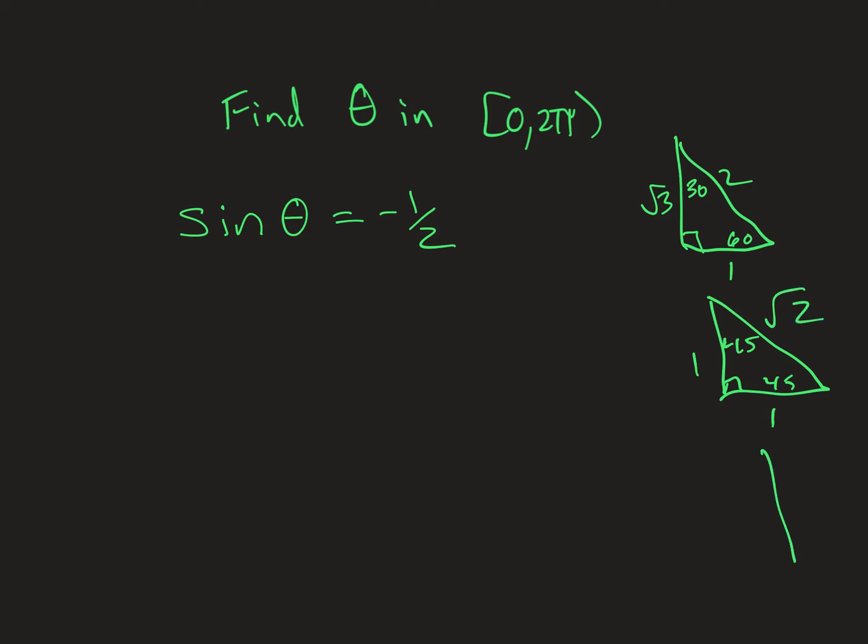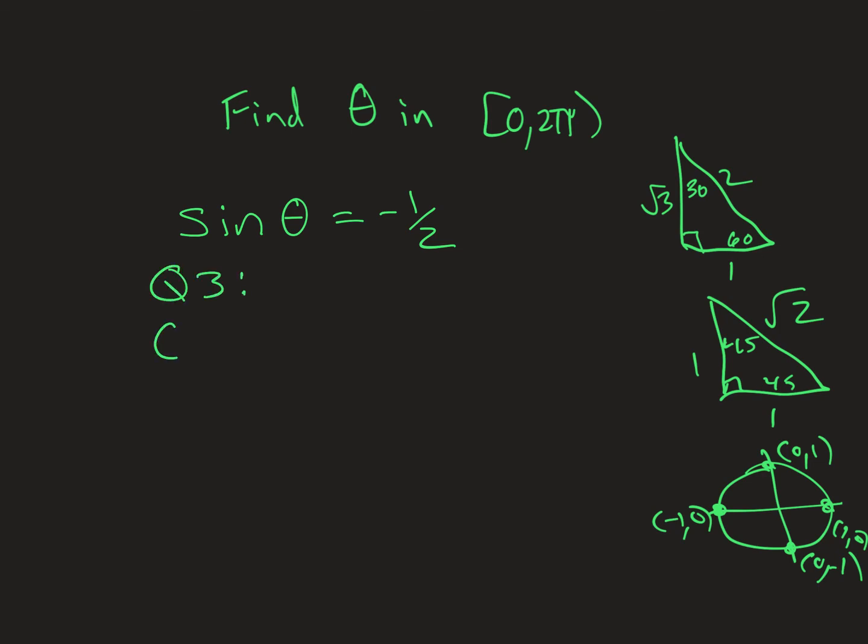And then we've got our unit circle with the different coordinates, 1, 0, 0, 1, -1, 0, 0, -1 to help us. Okay, so sine, first thing I think of, okay, sine is negative in which quadrants? It's going to be negative in quadrants 3 and 4, where y is negative. That's the first thing I think of.